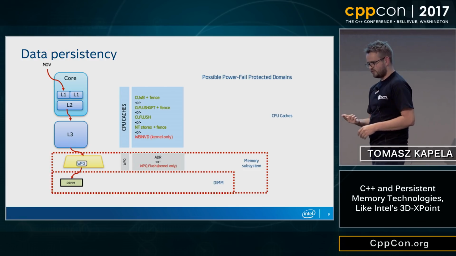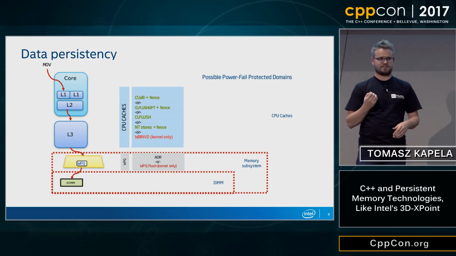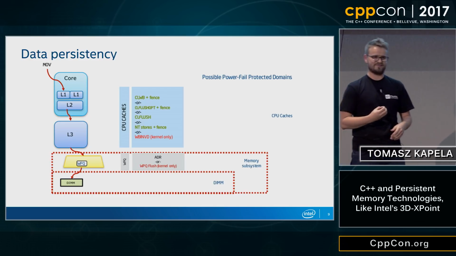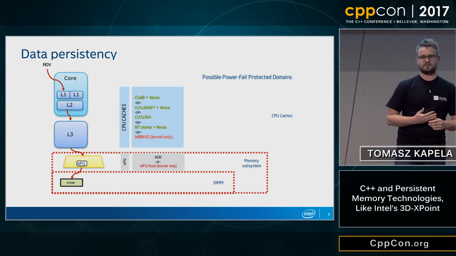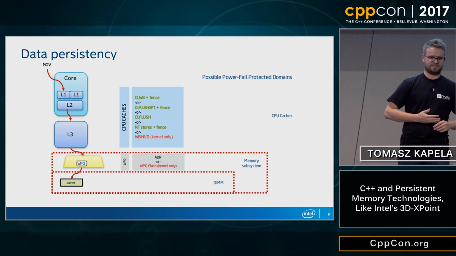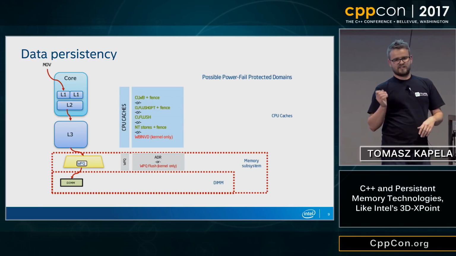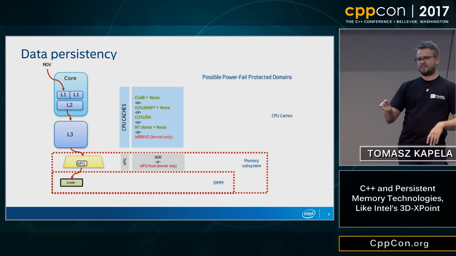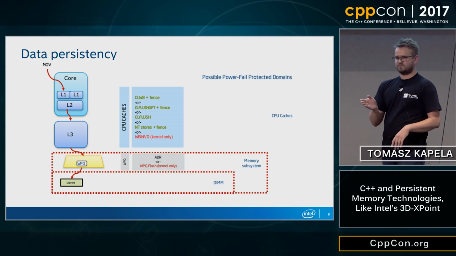There's also CLWB, cache line write back, which, as far as I know, and I'm probably right, is not implemented in any current processor, at least not on Intel, so probably not anywhere. What it does is give the hint to the CPU that, you know what, I'm probably going to be using that cache line right after I flush it.